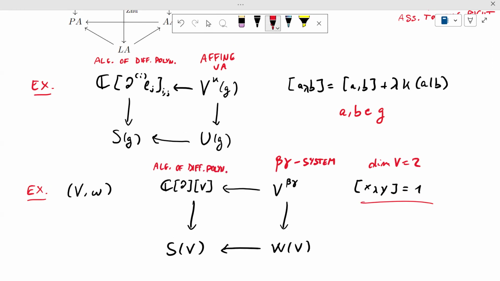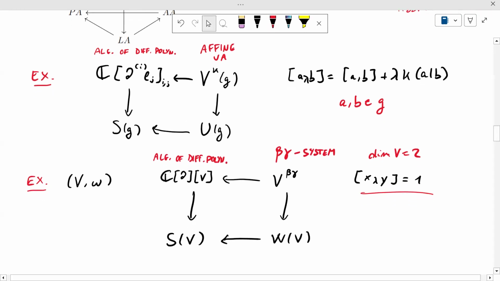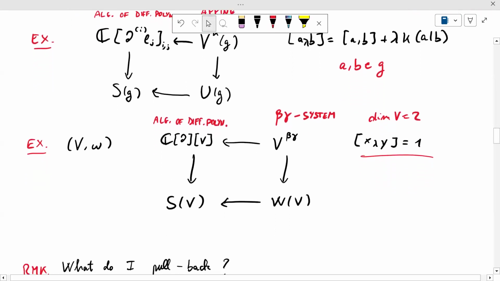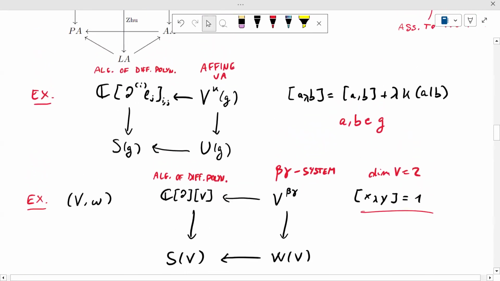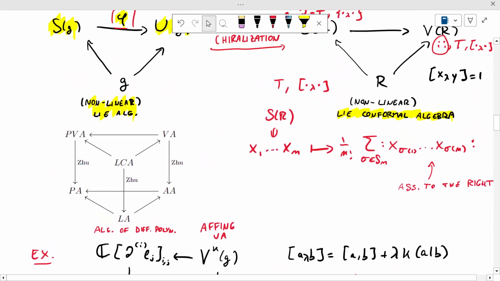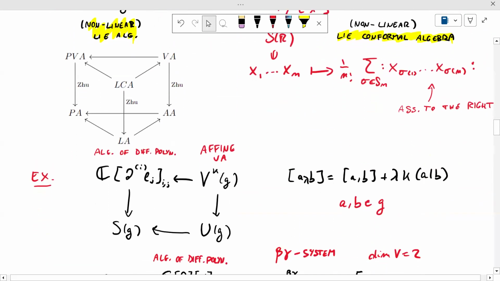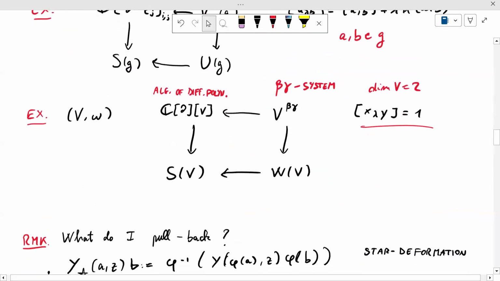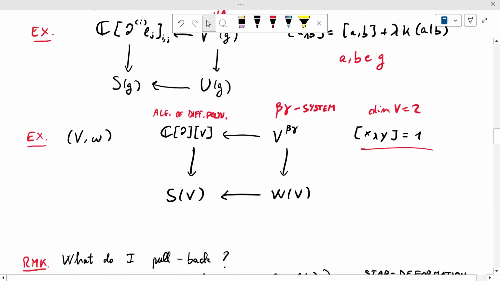Okay. Now we have the same framework. We have written down what we call the quantization map. So we want to proceed as before. Before we were pulling back the associative product, which is the only structure of the associative algebra.